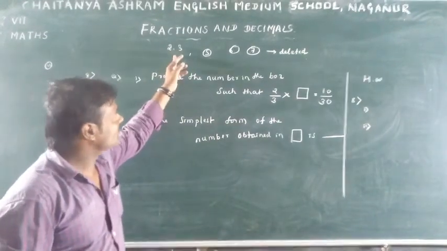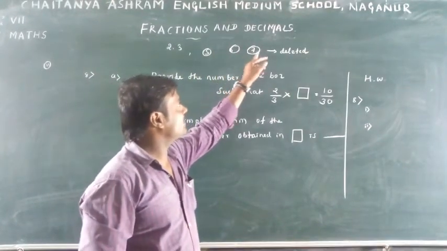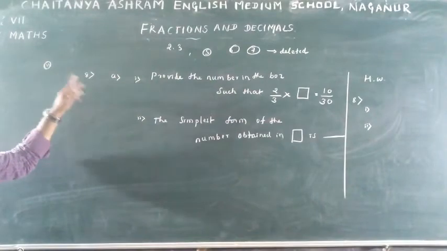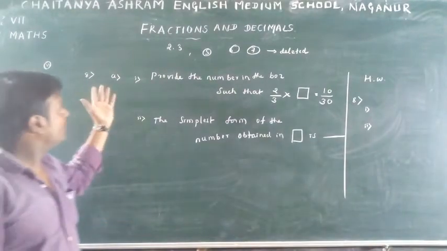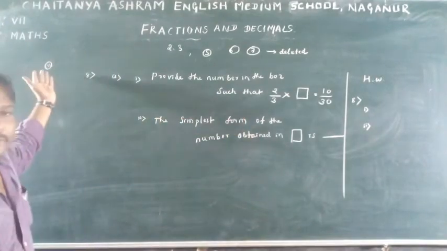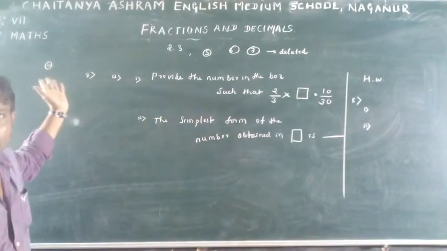In this exercise, 5th, 6th and 7th questions are deleted. So this 4th one and 8th one remain. Now we try to solve this 8th one. Later we'll solve that 4th question.